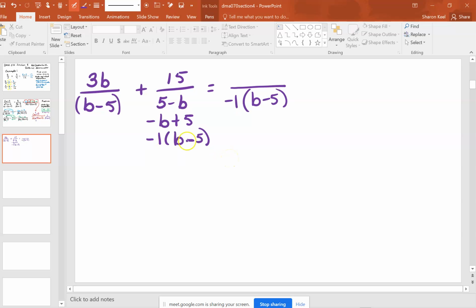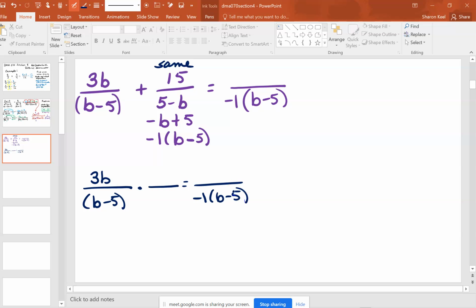Now, since this is the common denominator, this numerator is going to stay the same. We're not going to change the 15. However, the first one, the 3B over B minus 5, we're going to have it match the least common denominator.